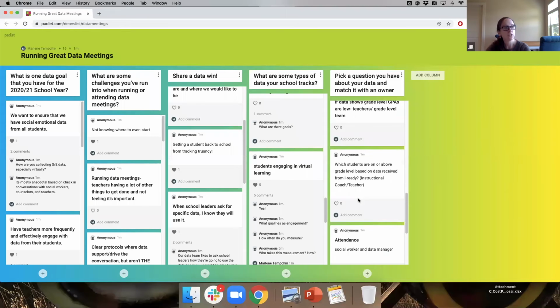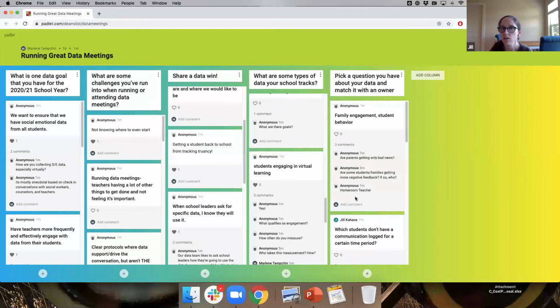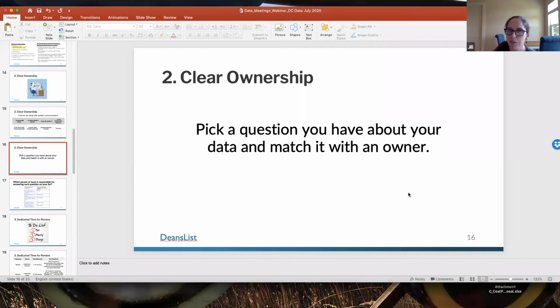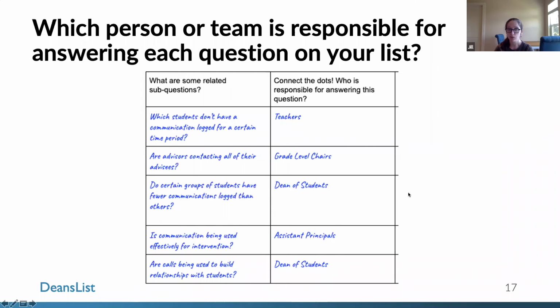Great, so feel free to just continue adding to this column as we move it back over to the third step in our framework. So before we do that, there's some examples of how Marlene and I connected our key questions about communication to different groups of educators. So you can see for our communication questions, we also have a broad range of people in a school who may be focusing on different components of questions related to communication.